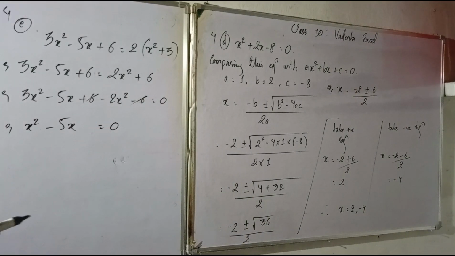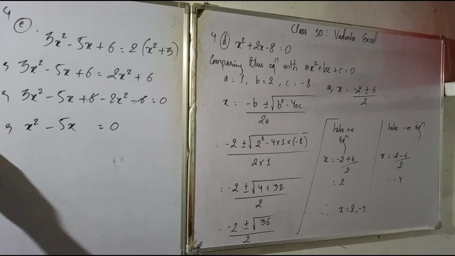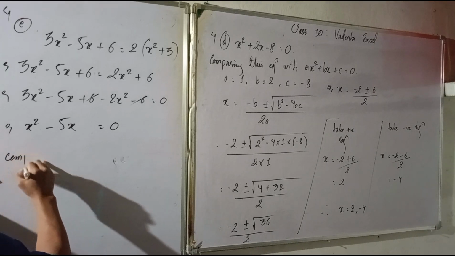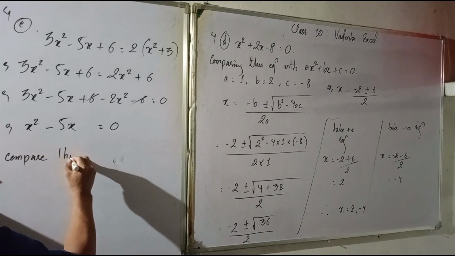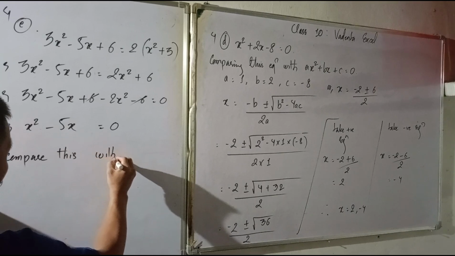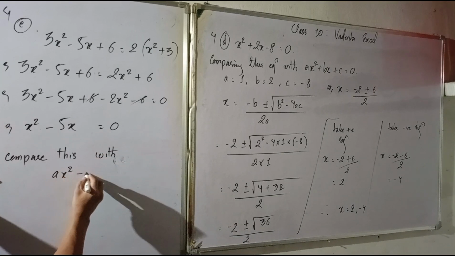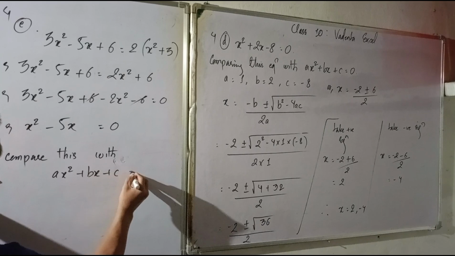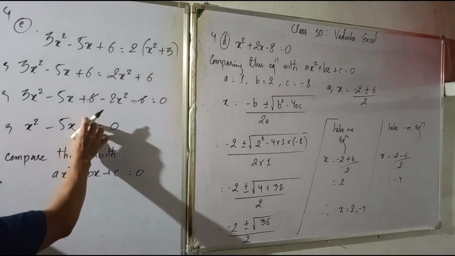Minus 5x, we don't have any like terms, so we write minus 5x. Plus 6 minus 6 gets cancelled. Now x squared minus 5x equals 0.